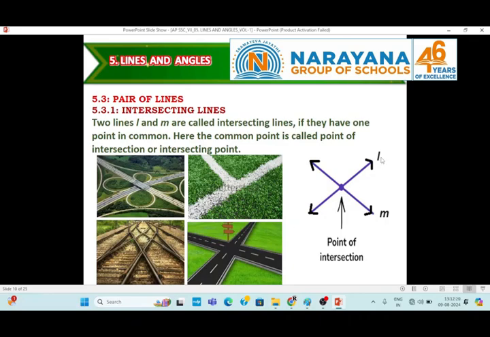Of course, here we can see the picture. L and M are said to be intersecting lines if they have at least one common point.